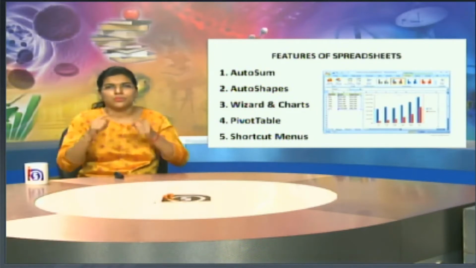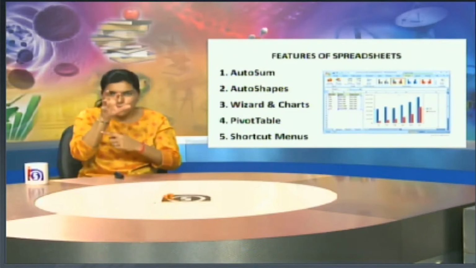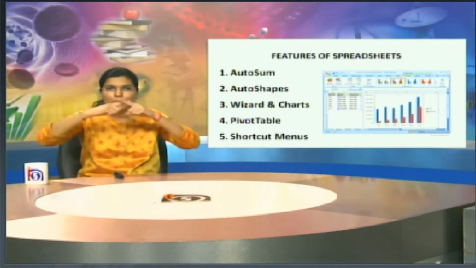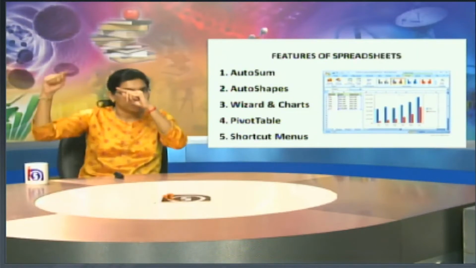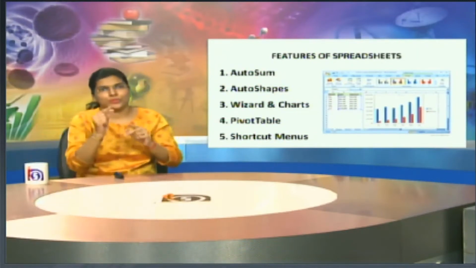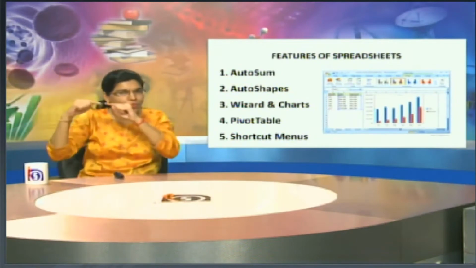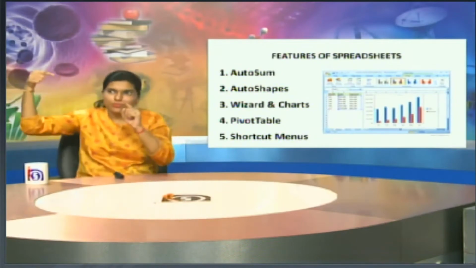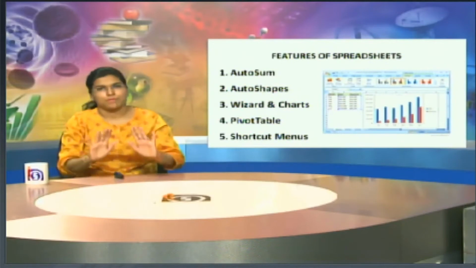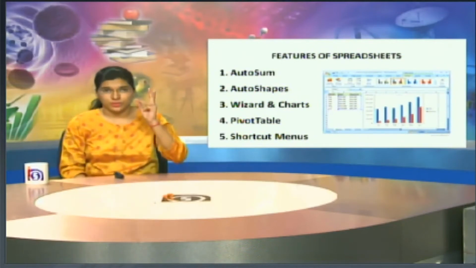The second one is auto shapes. There are different shapes like circle, triangle, or some blinking sign, some smiling sign, or some imaginary bubbles we use. So, this auto shape is used for putting in different shapes, like an arrow if you want to put, there are different shapes in it.